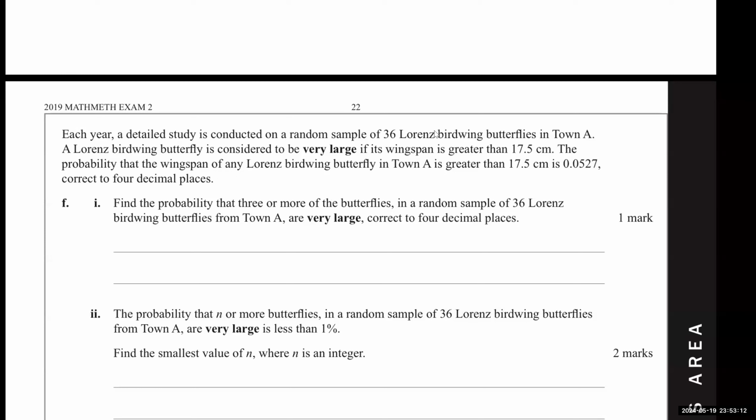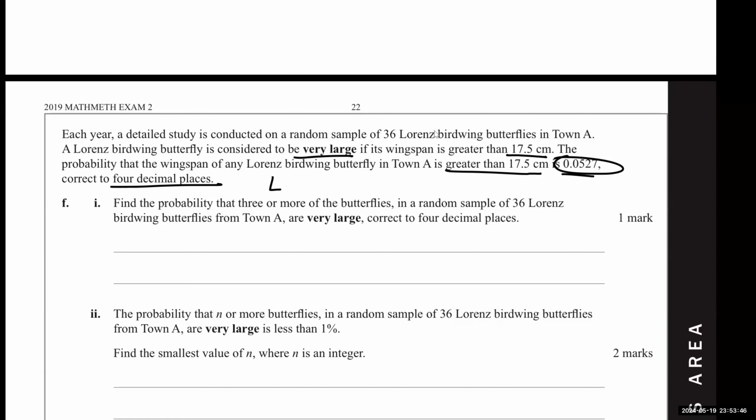Each year, a detailed study is conducted on a random sample of 36 Lorentz birdwing butterflies in Terran A. A Lorentz birdwing butterfly is considered to be very large if its wingspan is greater than 17.5 centimeters. The probability that the wingspan of any Lorentz birdwing butterfly in Terran A is greater than 17.5 is 0.0527, correct to 4 decimal places. So that actually means you need to use that as your probability of success.